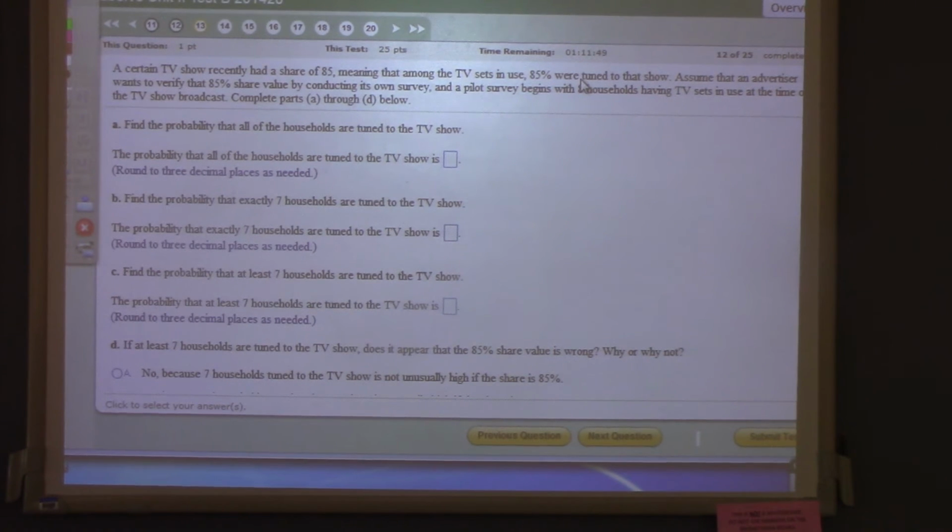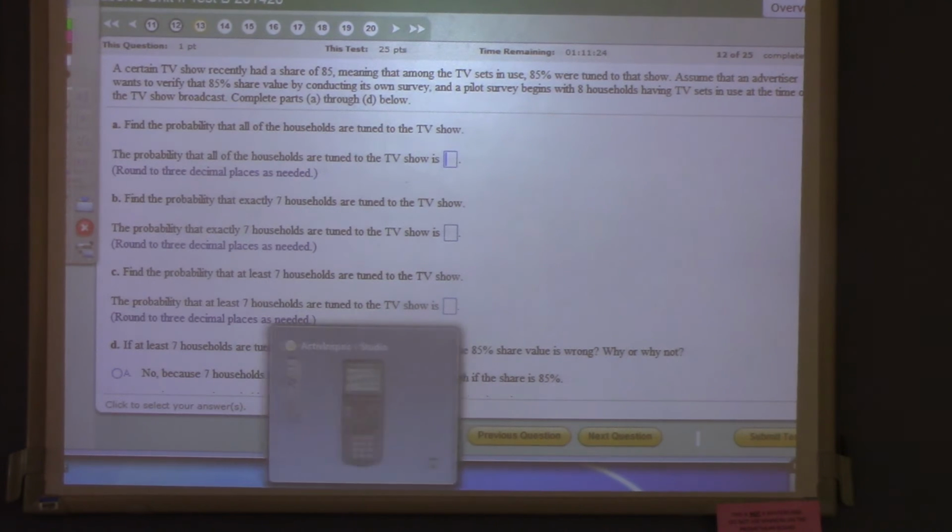What is X? If the word says all, and you got 8 houses. Yes, you're right.